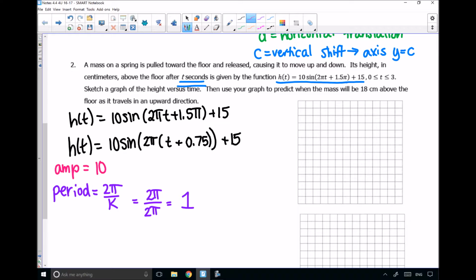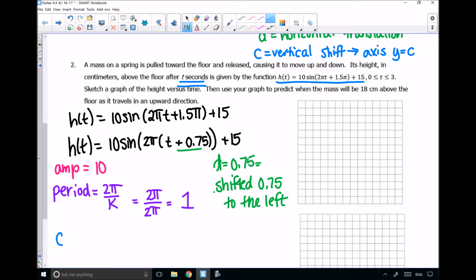Now as for my horizontal shift, this right here is telling me my horizontal shift, so I know d is equal to 0.75. So that means that it's shifted 0.75 units to the left, okay? And we know that c is equal to 15, so my graph will shift 15 up, but what that means is that the equation of my axis is going to be y equals 15.